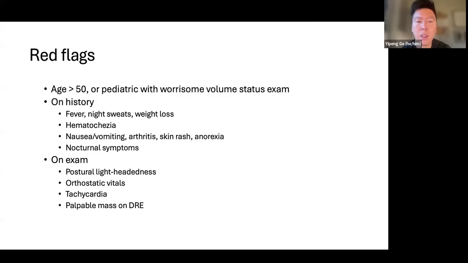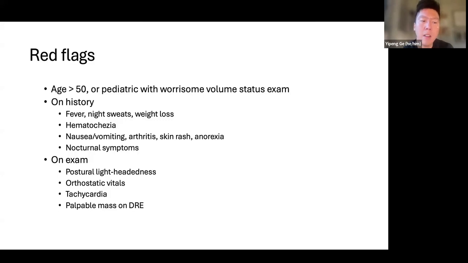Nausea, vomiting, arthritis, skin rash, anorexia. So once again, these things are telling us there's something more comprehensive, something more affecting multiple systems, something maybe more inflammatory, affecting other organ systems in the body, and nocturnal symptoms as well.